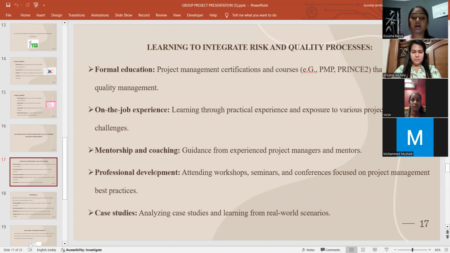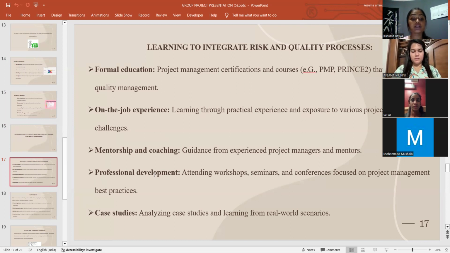First, formal education: project management certifications and courses that cover risk and quality management. On the job experience: learning from practical experience and exposure to various projects and challenges. And it has the mentorship and coaching also, which is the guidance from experienced project managers and mentors.